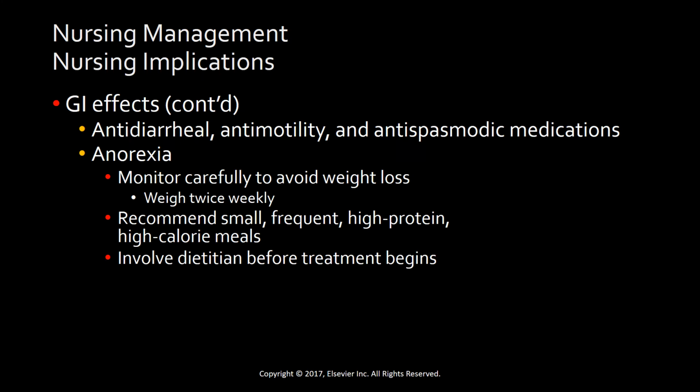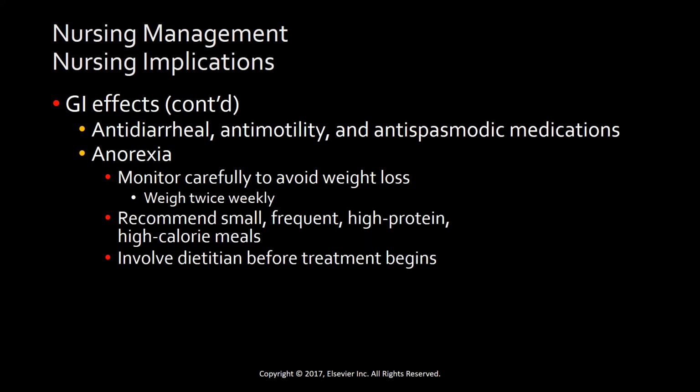So diarrhea is a reaction of the bowel mucosa to radiation and some chemo drugs. It's characterized by an increase in frequency and liquidity of stool. Okay, so as the nurse, we recommend a diet low in fiber and residue before chemotherapy, and this includes limiting foods high in roughage.